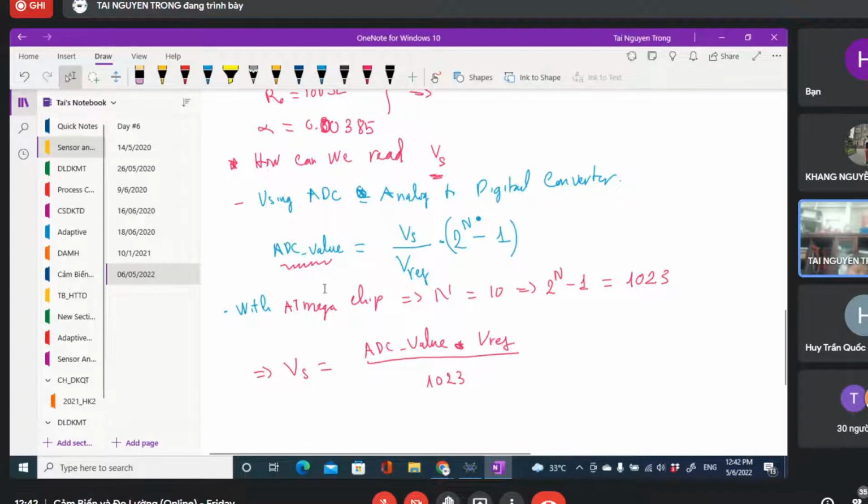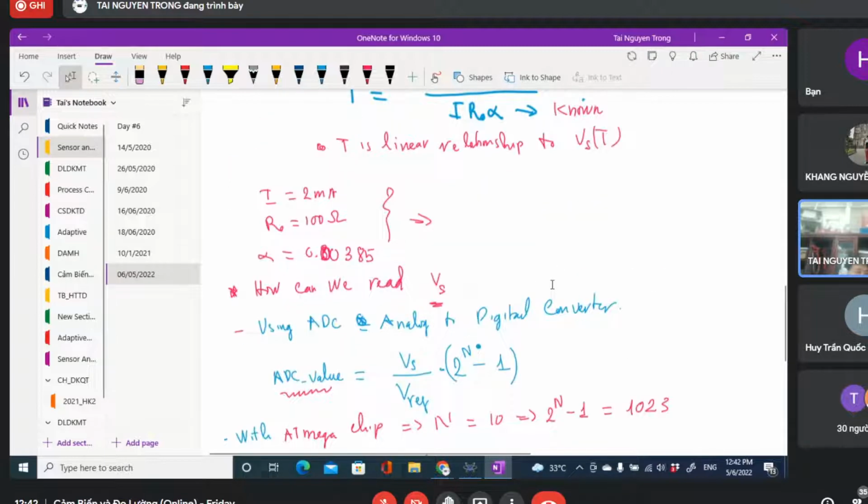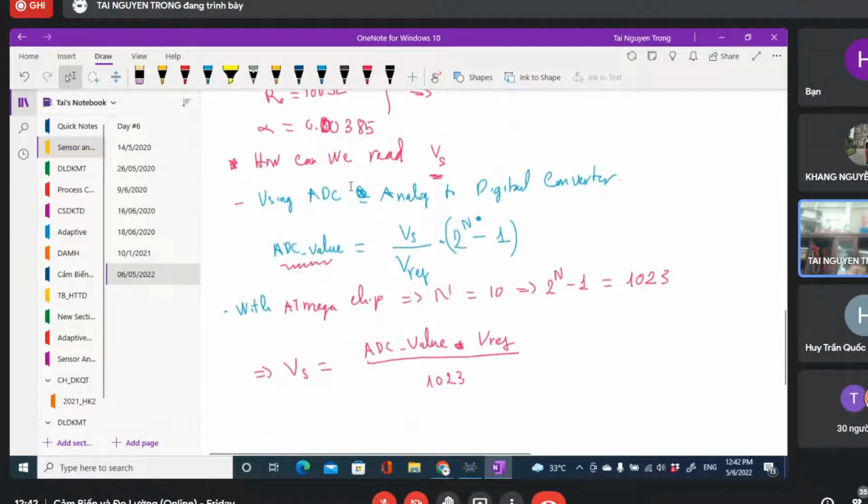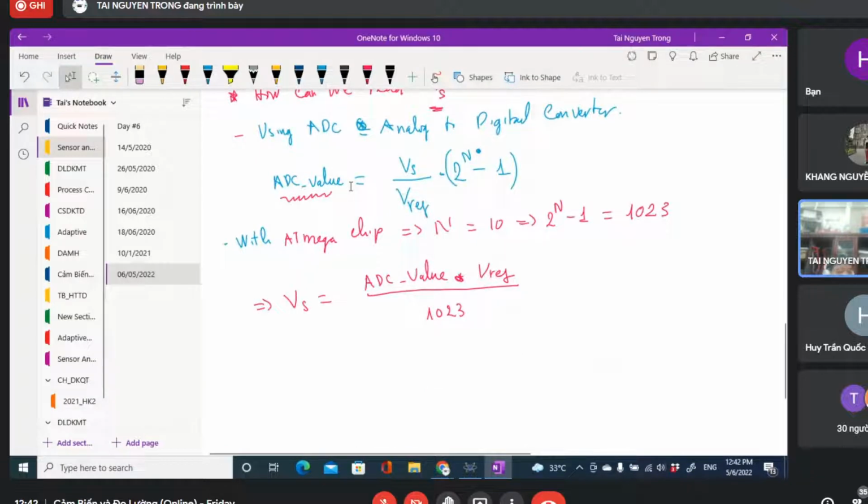And then we can calculate T, which is this one. With the relationship to the ADC, this is the value of T at this point.